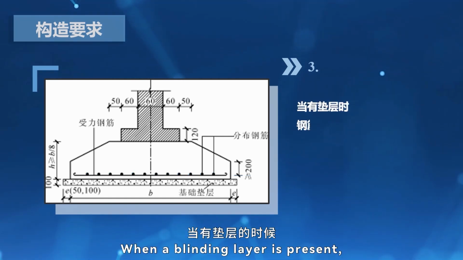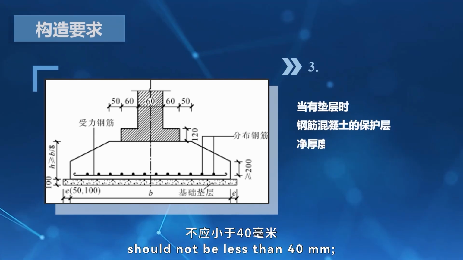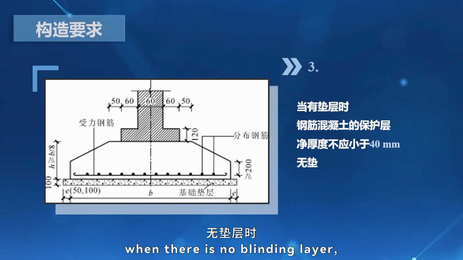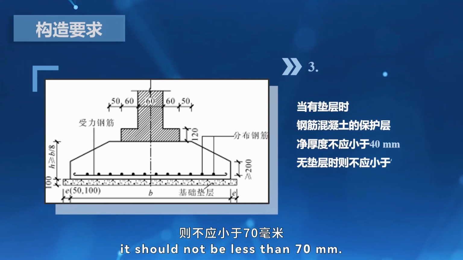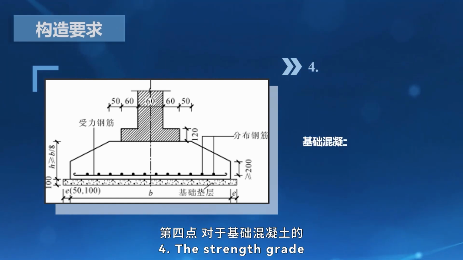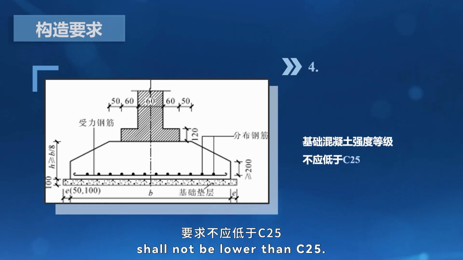When a blinding layer is present, the net protective layer should not be less than 40 mm. When there is no blinding layer, it should not be less than 70 mm. 4. The strength grade of the reinforced concrete used in the foundation shall not be lower than C25.